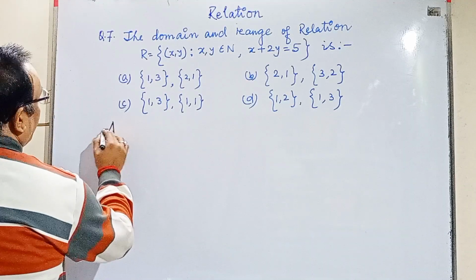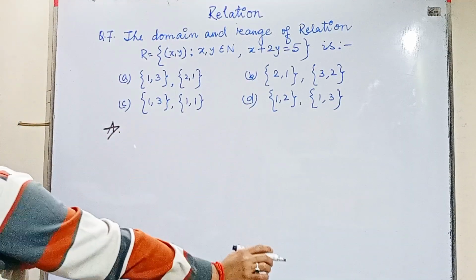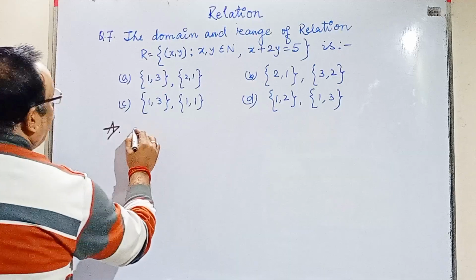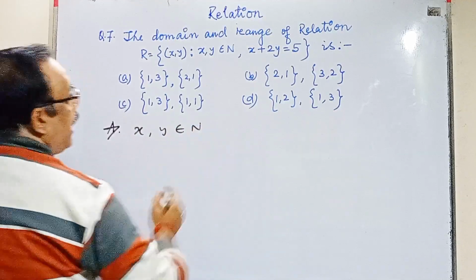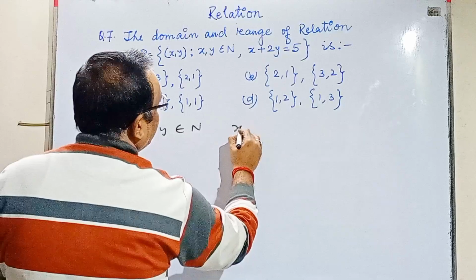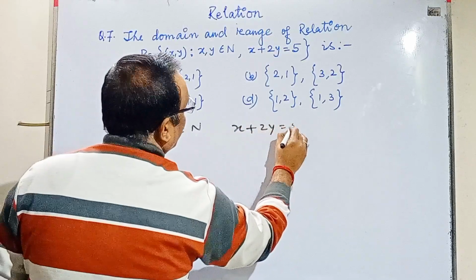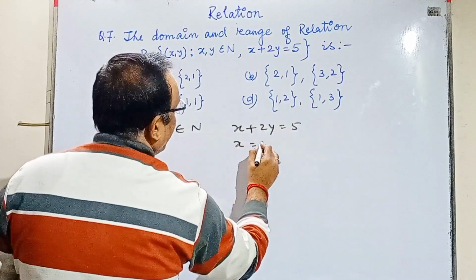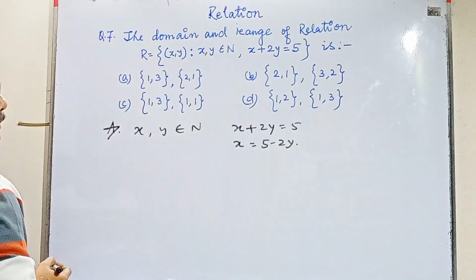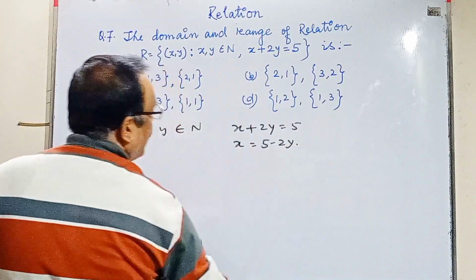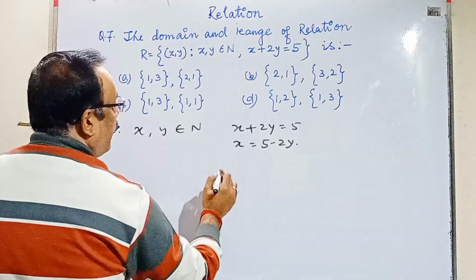Now if we try to find out the domain and range, it is given x and y both belong to natural numbers, and the equation which is satisfying is x plus 2y is equal to 5. So we can say x will be equal to 5 minus 2y. So we'll try to find out the value of x for different values of y.